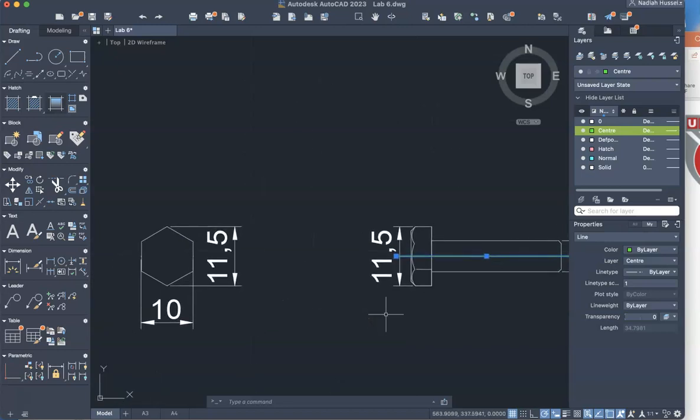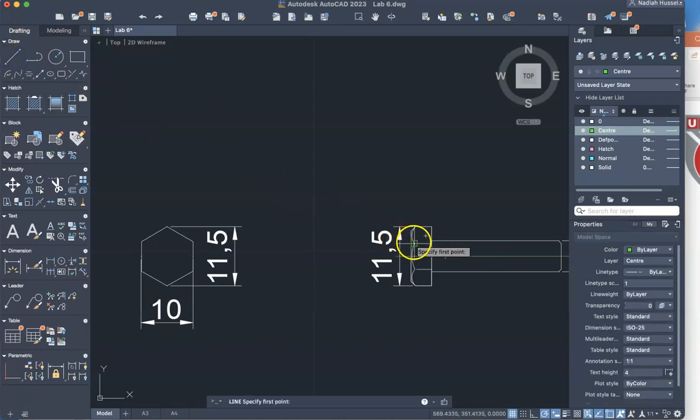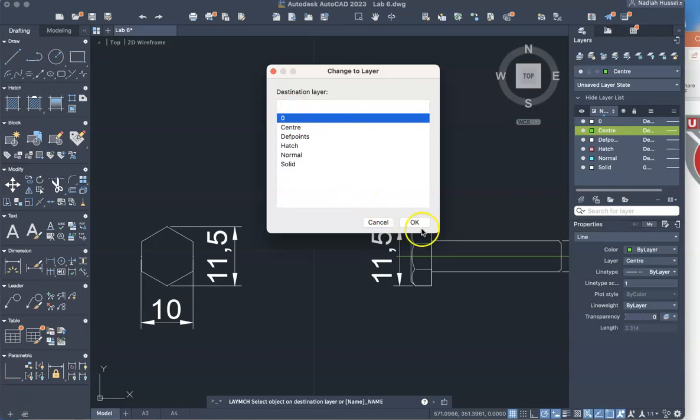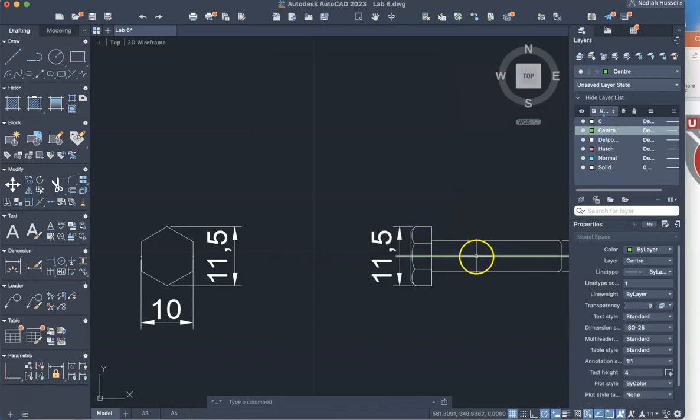Since this object is rather small, that is why we can't really see the center line, the dashes, right? Okay, so that is your center line.